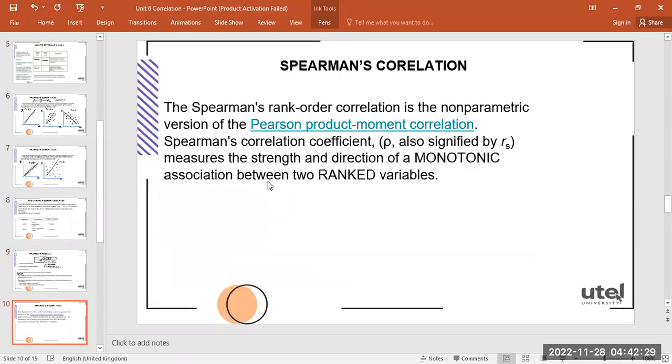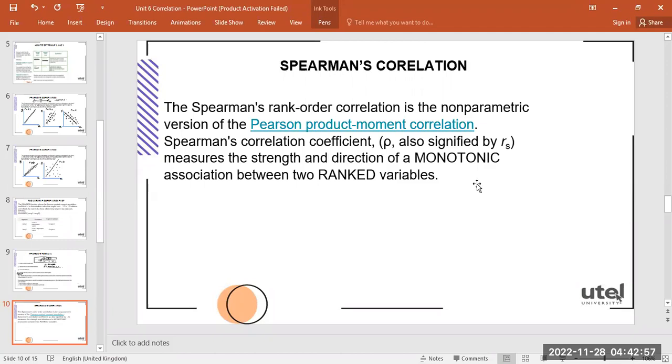Now, it is important to know that the Spearman rank correlation coefficient is the non-parametric version of the Pearson product moment, and it's also represented by the Greek letter rho. Also, we can represent it by r suffix s. In the case of the Spearman rank correlation coefficient, it measures the strength and the direction of a monotonic association between two rank variables.